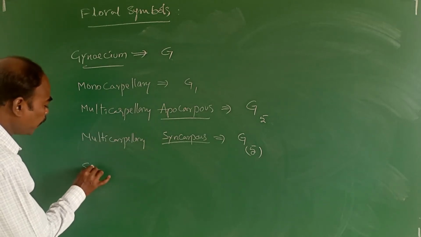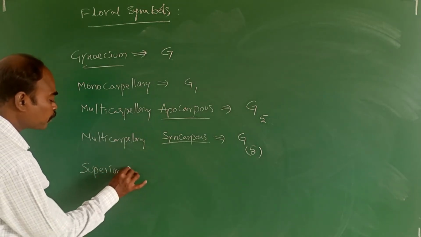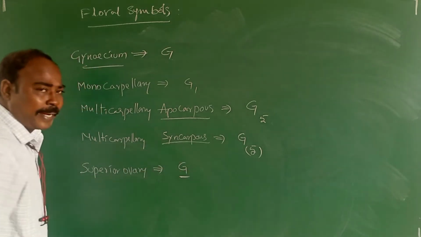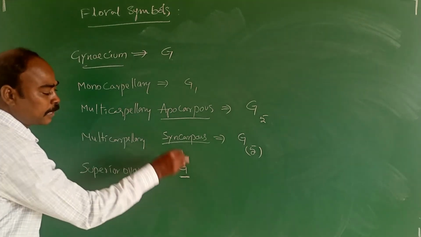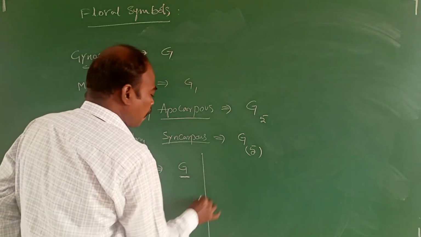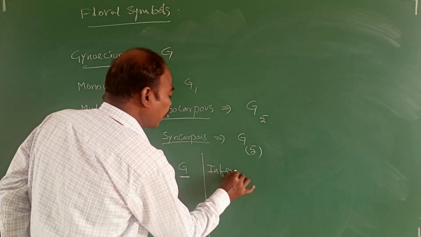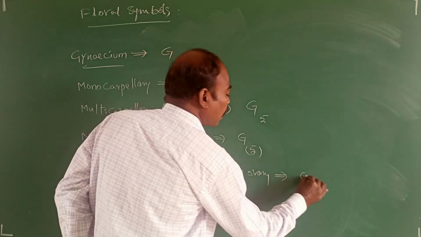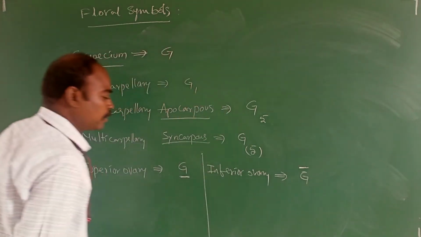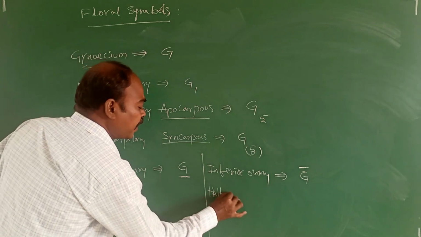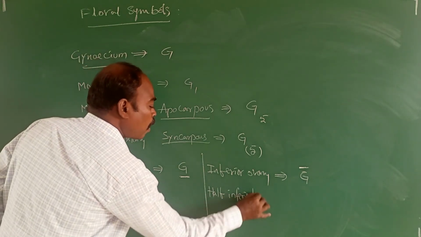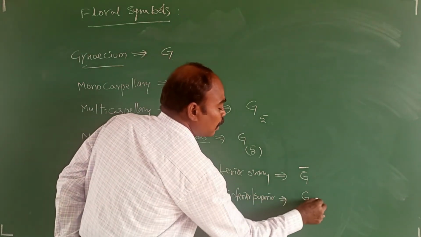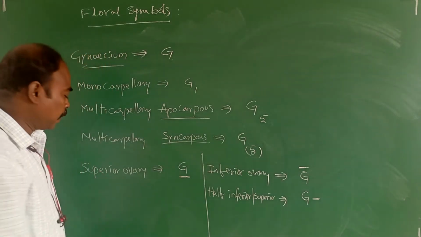Then superior ovary: a line or dot under the G. Inferior ovary: a dot or line at the top of the G. Half inferior or half superior: a dot or line adjacent to the G. Very important.